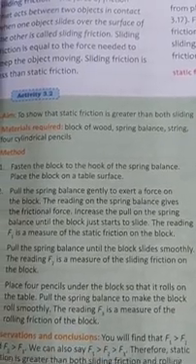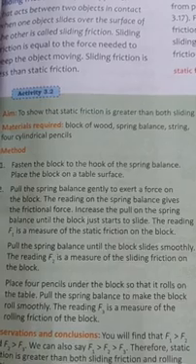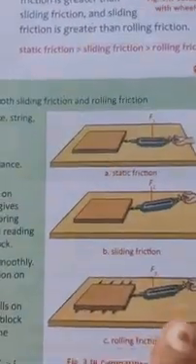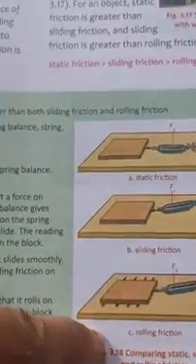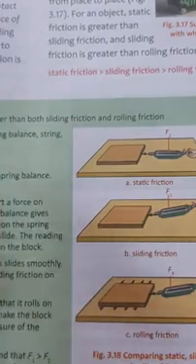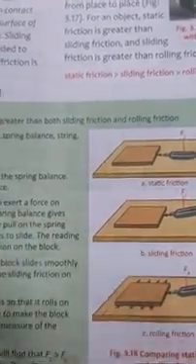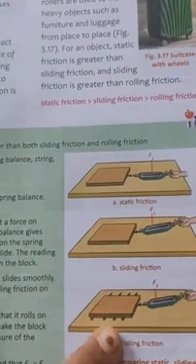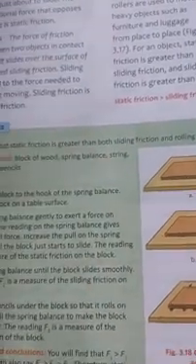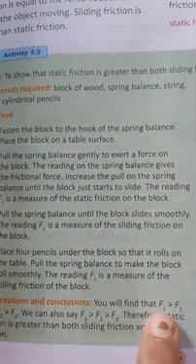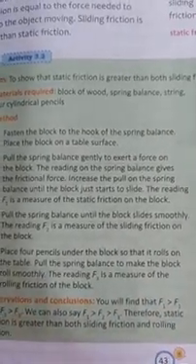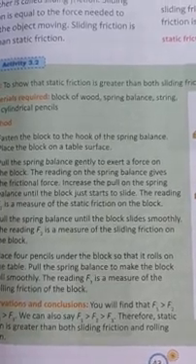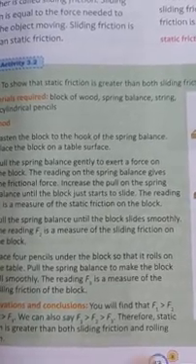Then pull the spring balance to make the block move smoothly. It will give you the reading F3. So in three cases we read the scale of the spring balance, F1, F2 and F3. Here we see that F1 is greater than F2, and F2 is greater than F3. From this experiment we proved that static friction is greater than both sliding friction and rolling friction.